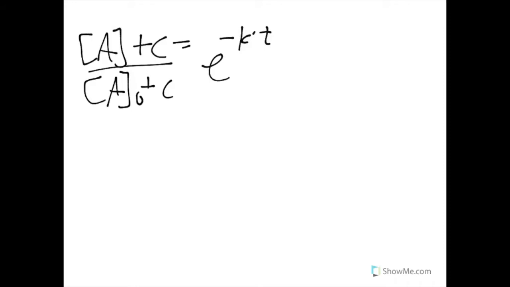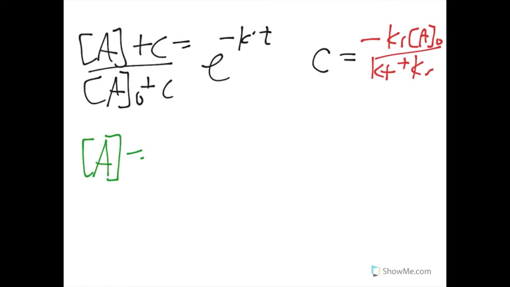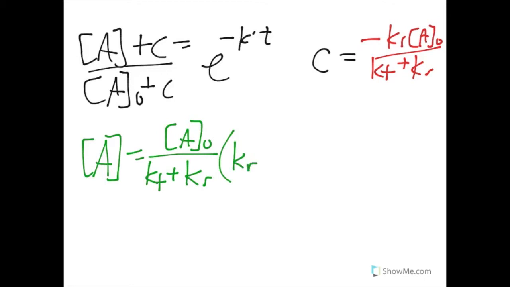And solving for A and plugging back in for C, remembering that C is equal to A naught minus Kr A naught over Kf plus Kr, we end up with A equal to A naught over Kf plus Kr times Kr plus Kf times e to the minus (Kf plus Kr) times t. Alright, now we are done with the first part.